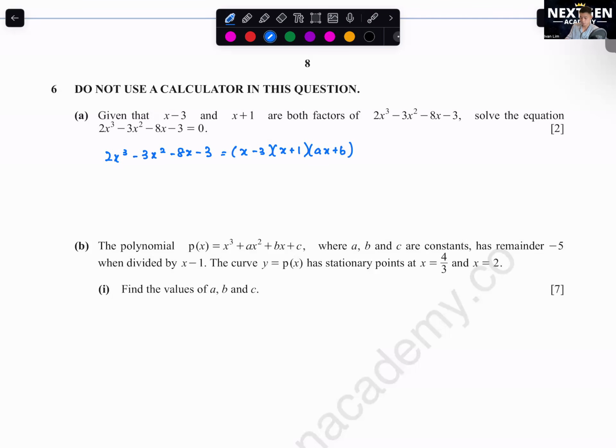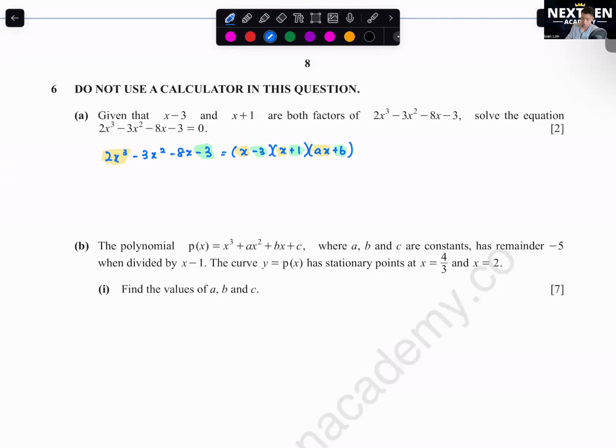You understand why? Because it's linear factor times linear factor times linear factor. Then you just take the first value and the last value. The first value is made up of these three values multiplied with each other. The last value, minus 3, is made up of these three values multiplied with each other. No other values to cross multiply already.